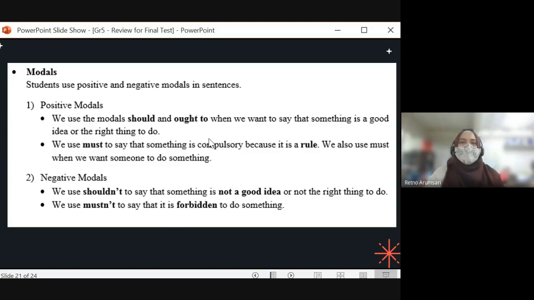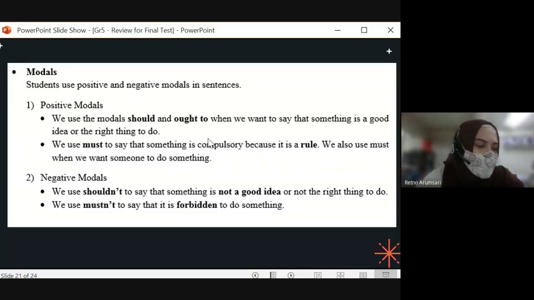Okay. Now, if we use should or ought to, it means it is a good idea to do something, to do that action that we are talking about. But is it okay not to do that? It's okay, it doesn't matter.